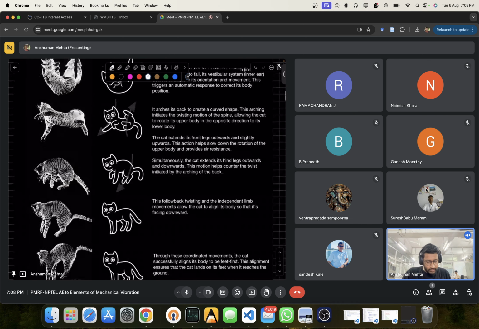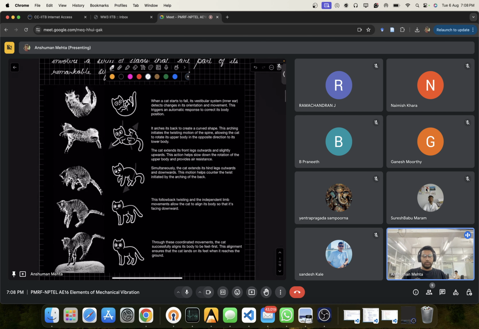So this is the figure, and everything is contained here, like how the movement is going on.